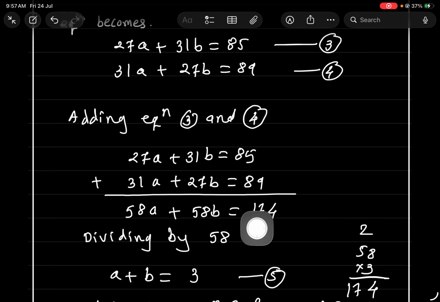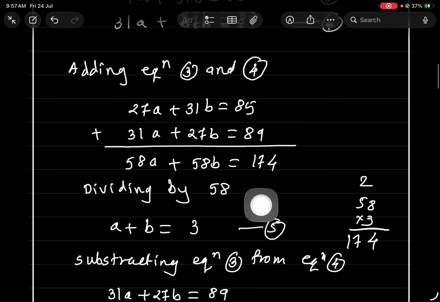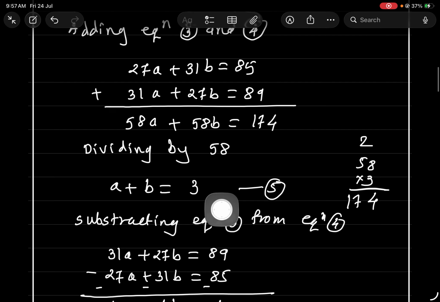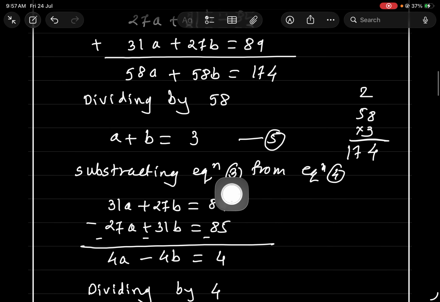174. All these three numbers are divisible by 58, so divide by 58. So a plus b equal to, 174 divided by 58 you will get 3. So a plus b equal to 3, this is the fifth equation. Now with these two equations we have to subtract equation 3 from equation 4.